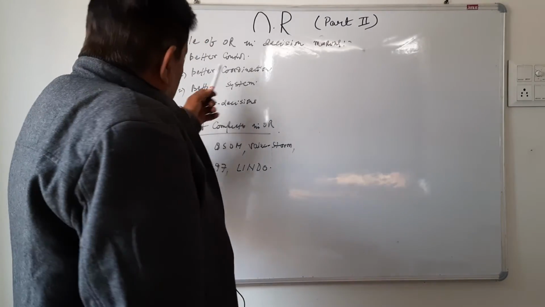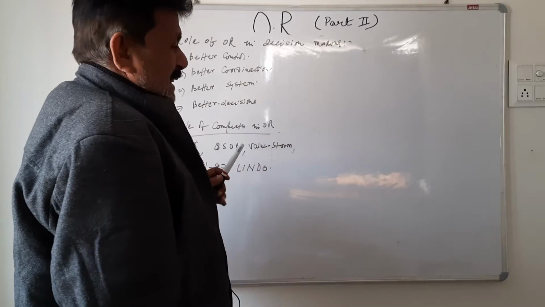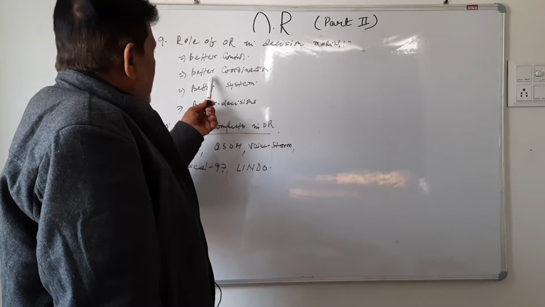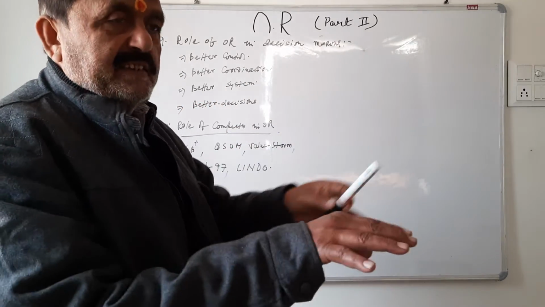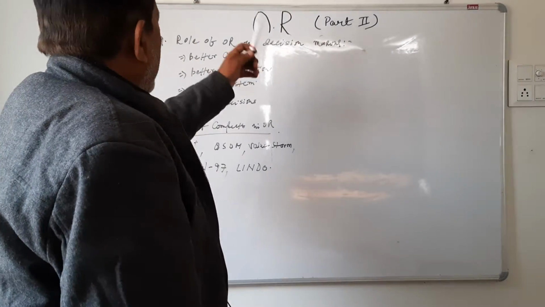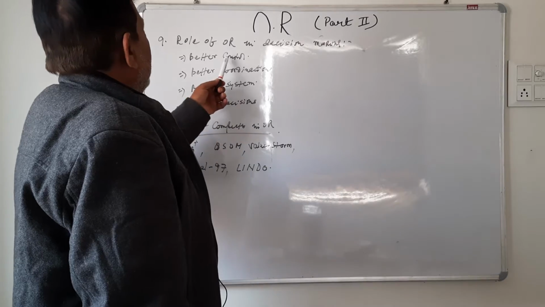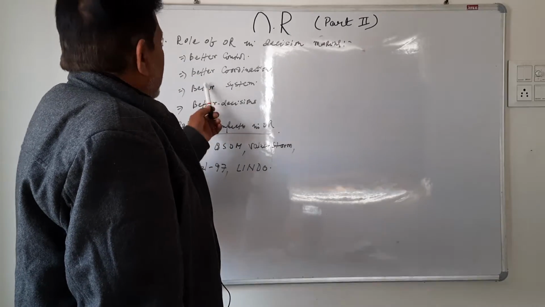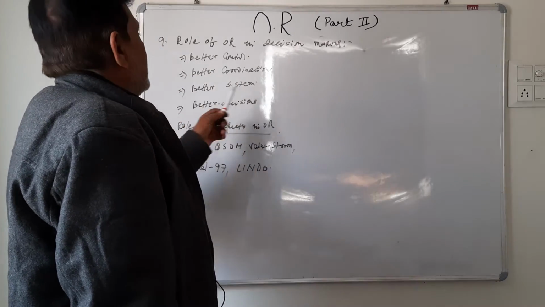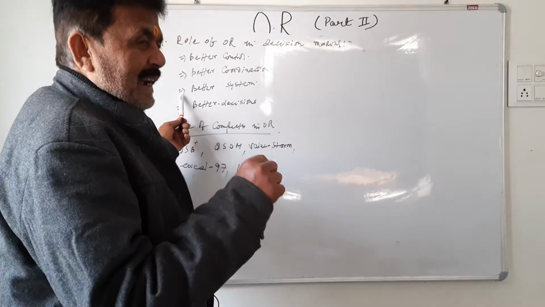Secondly, the use of OR leads to a better coordination between the different sections of an organization. So OR leads to a better coordination. Thirdly, when there is better control and better coordination, definitely the entire system will develop and it will be rectified.